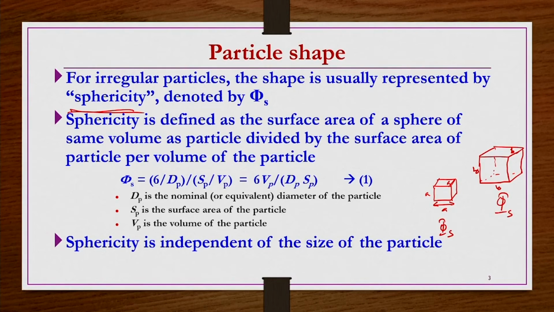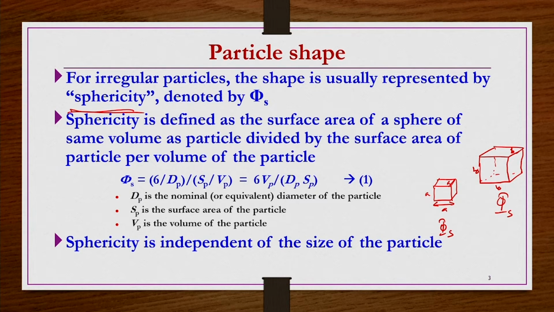So, the sphericity depends only on the shape of the particle, not on its size, whether it is a regular non-spherical particle or an irregular arbitrary-shaped particle. If the shape is the same but the size is changing, the sphericity is not going to change.